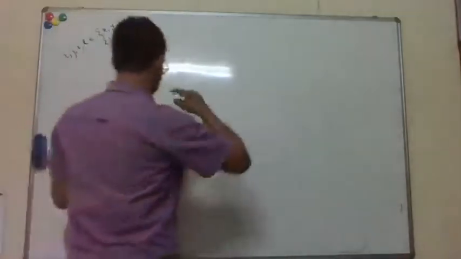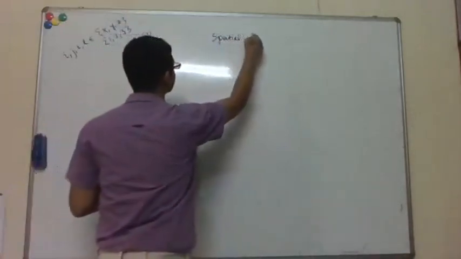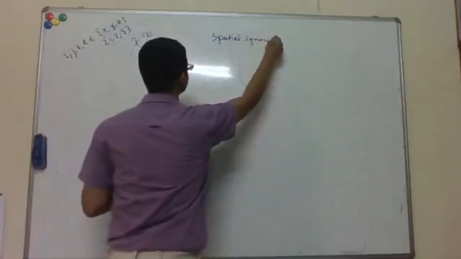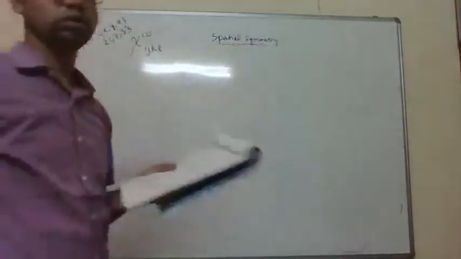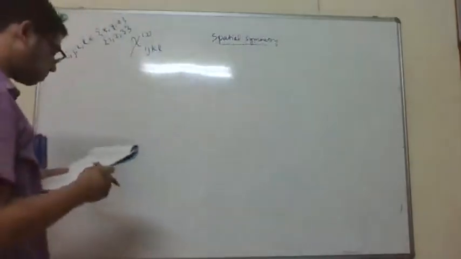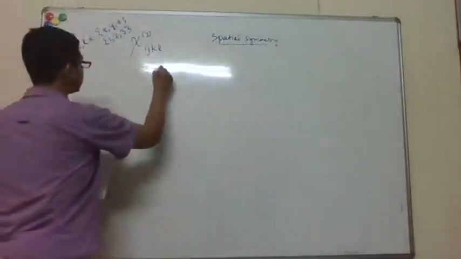But due to the spatial symmetry of the material, many of these are either 0 or many of them are equal to each other. So first, let's just look at the example of an isotropic medium.